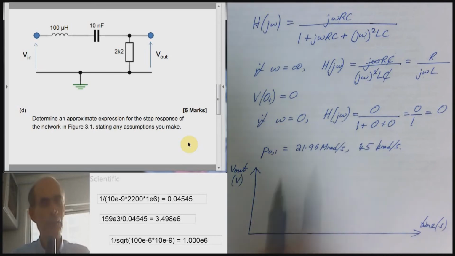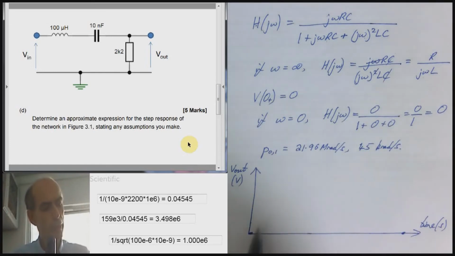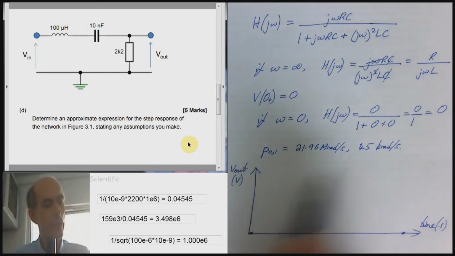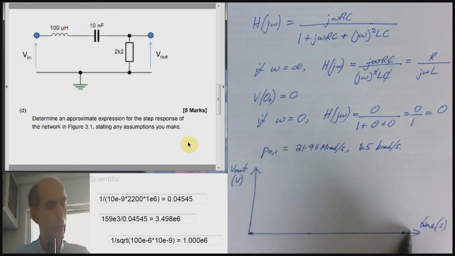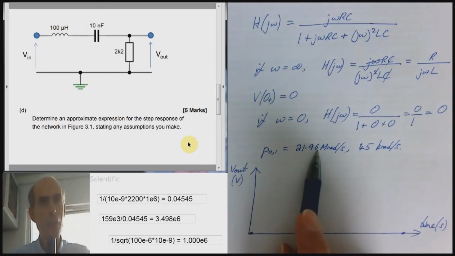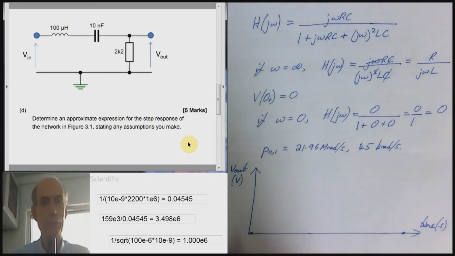What's happening in this case is that we're going to start at 0, we're going to end at 0. One of these poles is going to make the output shoot up, the other one is going to make the output come down again, but it goes up much, much faster than it comes down.